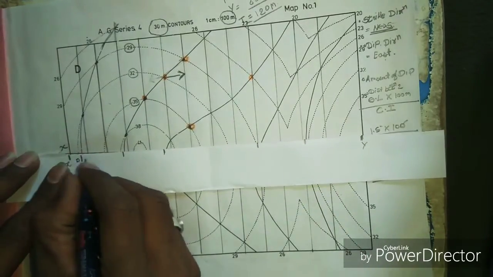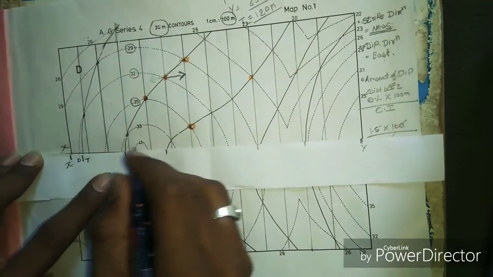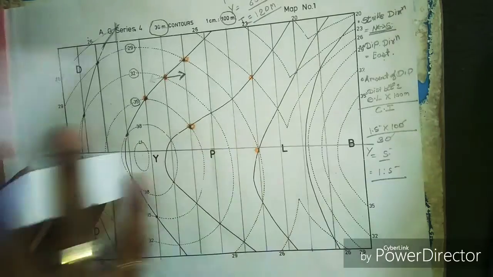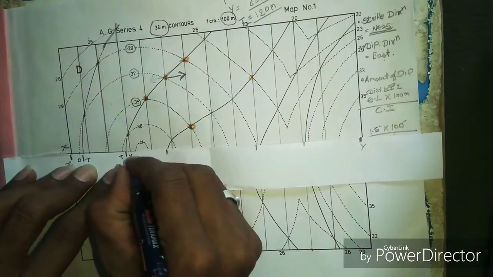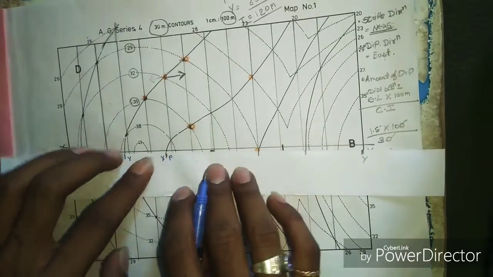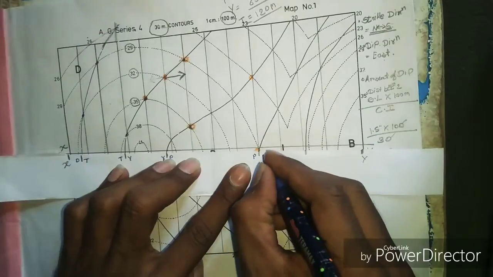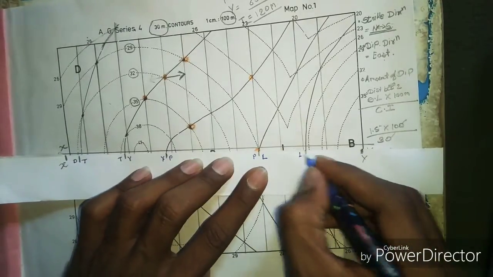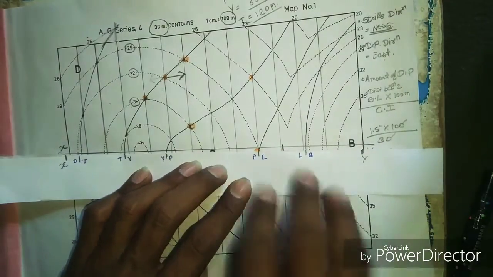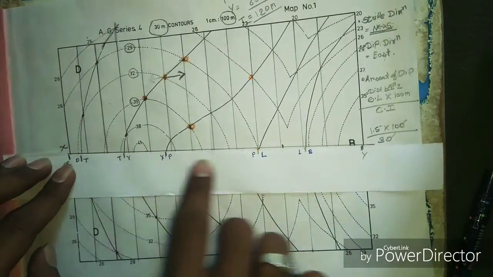Okay, so this is the DT junction, this is the TY junction, this is the YP junction, this is the PL junction, and this is the LB junction. So I have already plotted the xy points and all the junction points.